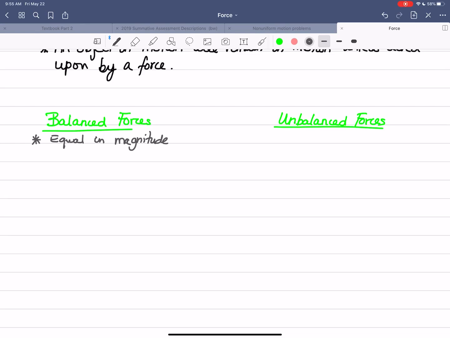So both are pushing or pulling in the same amount, but in opposite direction. And therefore they cancel each other out.